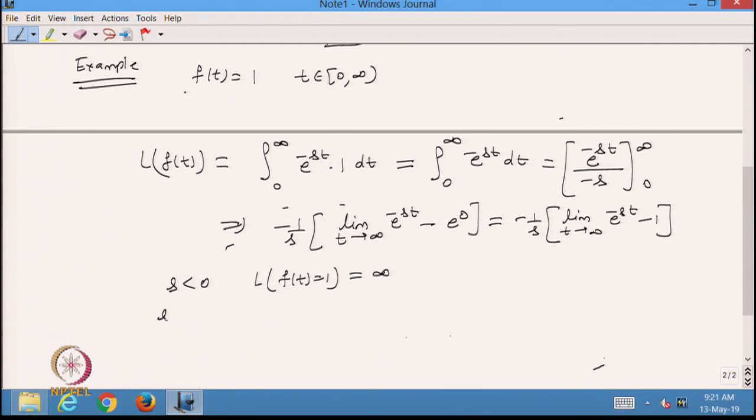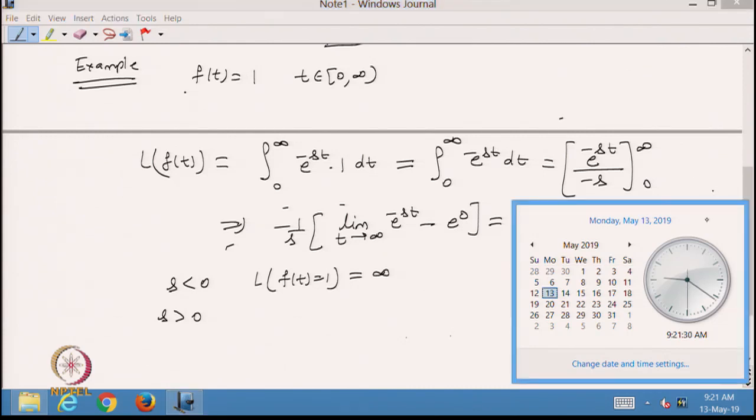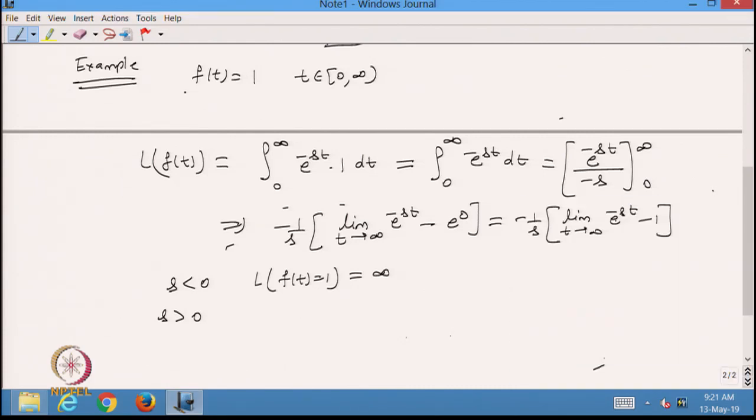Now, what about if I take s positive? If s is positive, then for the limit, I can write this as minus 1 over s, limit t tends to infinity, 1 over e^(st) minus 1.